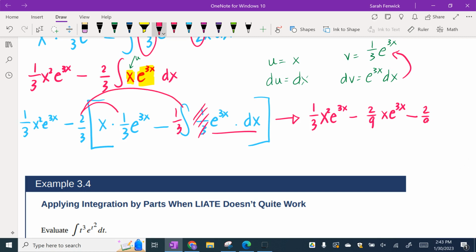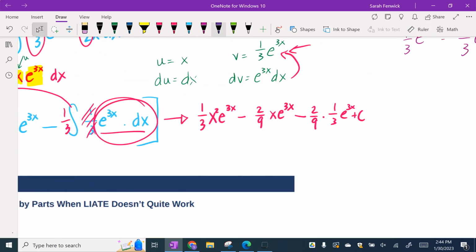That's 2/9 again, times integral of this from up here is 1/3 e to the 3x plus c. Now, to finish off our answer, 1/3 x squared e to the 3x minus 2/9 x e to the 3x minus 2/27 e to the 3x plus c.